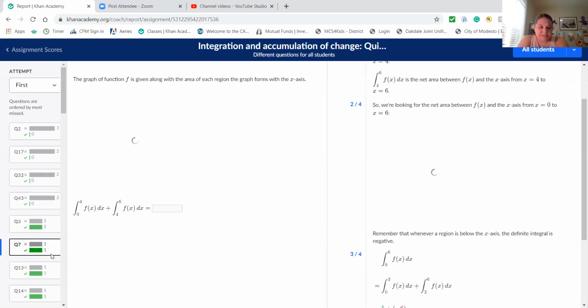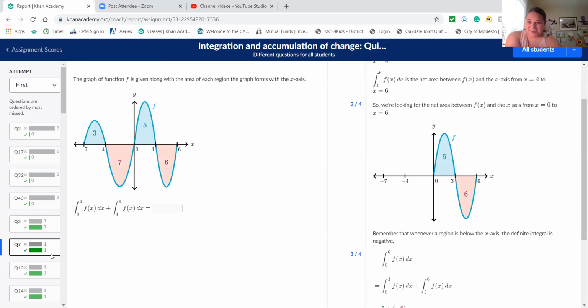Let's do a couple more. 7 and 13. How many times have I said let's do a couple more? Let's do 3 more. So the graph of f is given with the area of each region shown. Again, the pink is they show a 6, but it's negative because it's underneath. So the question is asking, what is the integral from 0 to 4 plus 4 to 6?